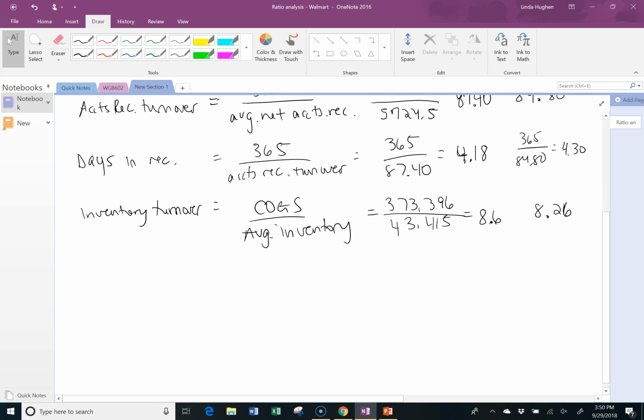Now let's do our manipulation to turn inventory turnover into days in inventory. Simply take 365, the number of days in that cost of goods sold period, and divide that by the inventory turnover.